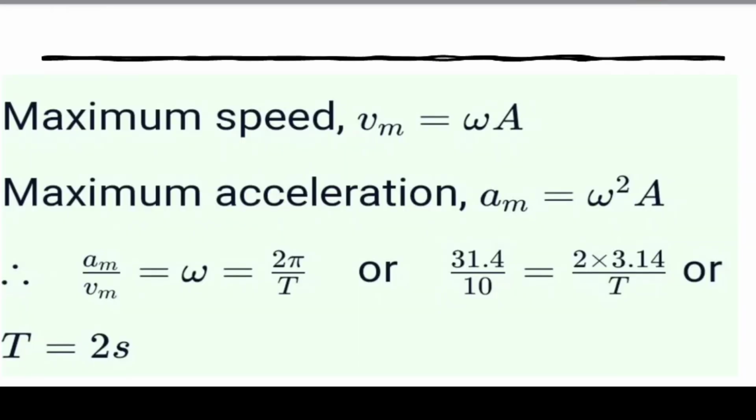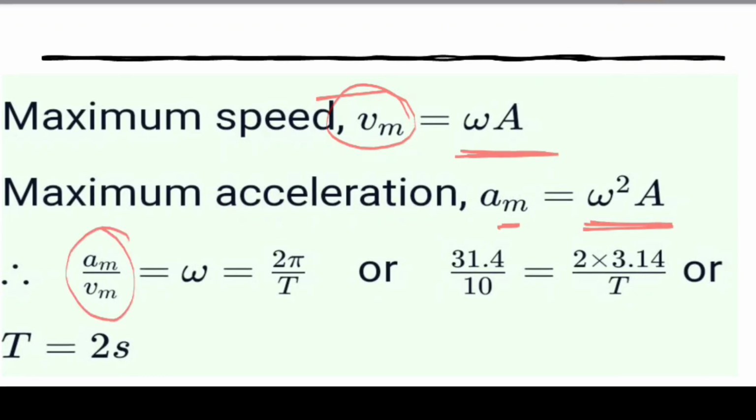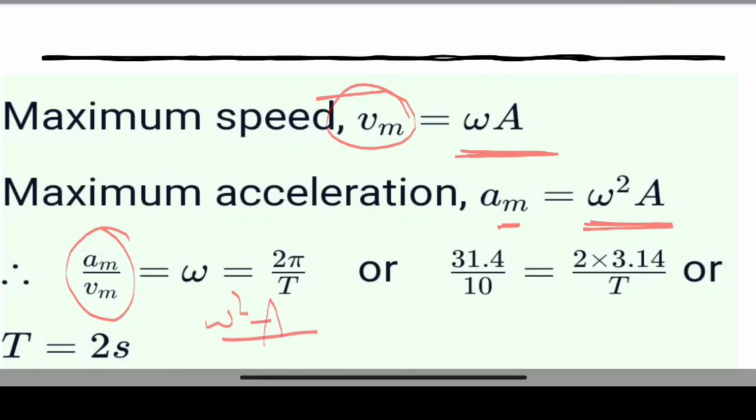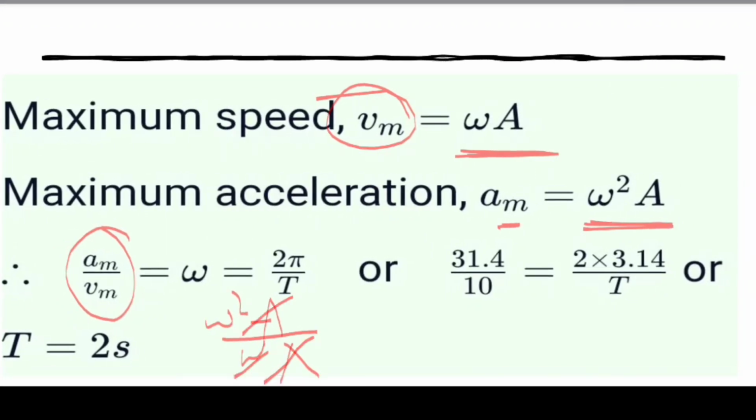Here maximum speed Vm equals omega into A. Maximum acceleration Am equals omega square A. Now acceleration by speed is omega square A by omega A. A cancels, omega cancels, therefore the answer will be omega.